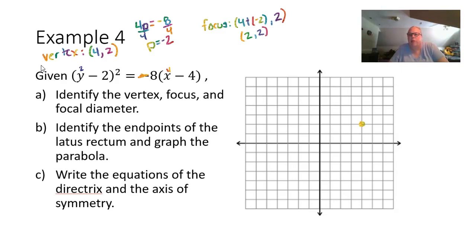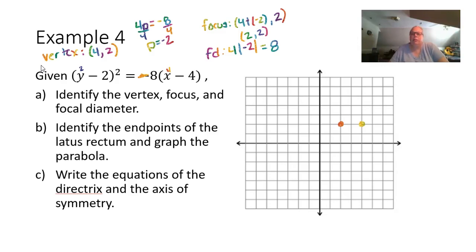So it looks like my focus is going to be right here at +2, +2. The focal diameter, this is just going to be 4 times the absolute value of P, in our case 4 times the absolute value of -2. That's going to give me 8.